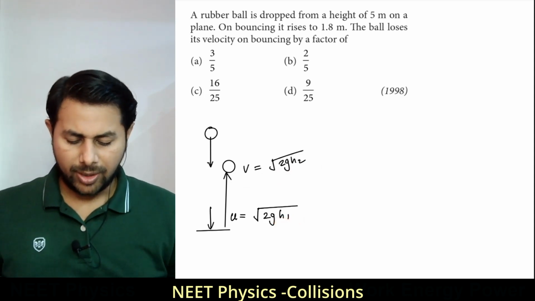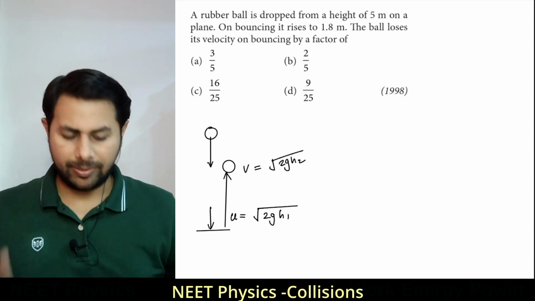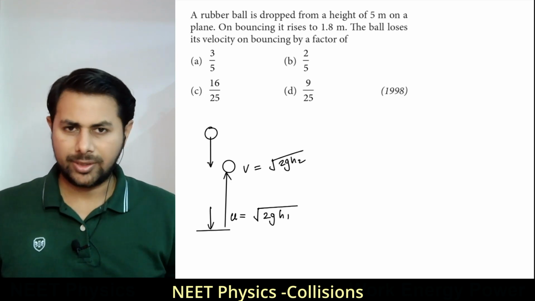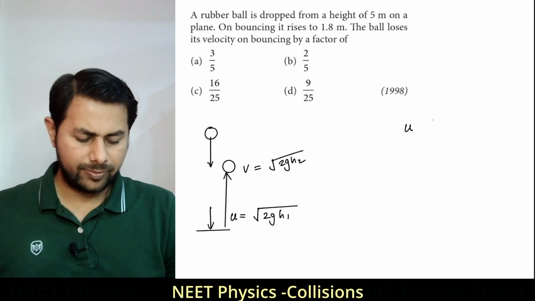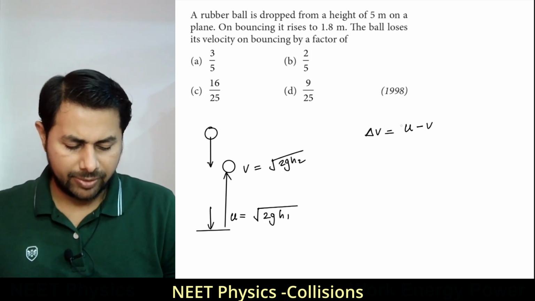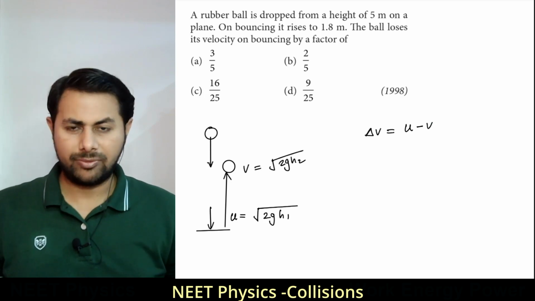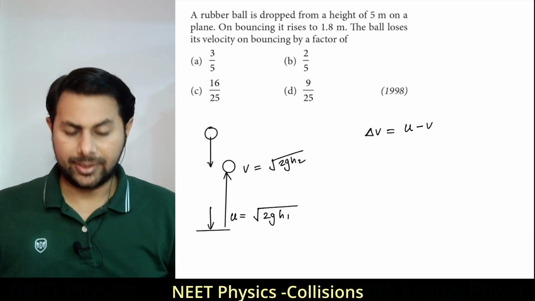So the ball loses its velocity on bouncing by the factor of. Suppose the initial velocity is u, the final velocity is v. So the change in velocity, delta v, is equal to u minus v. But this is not the question. They are asking what is the fraction.